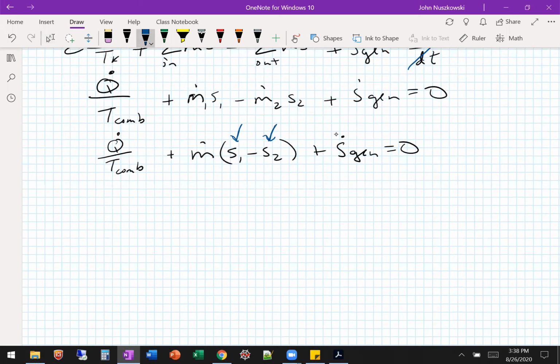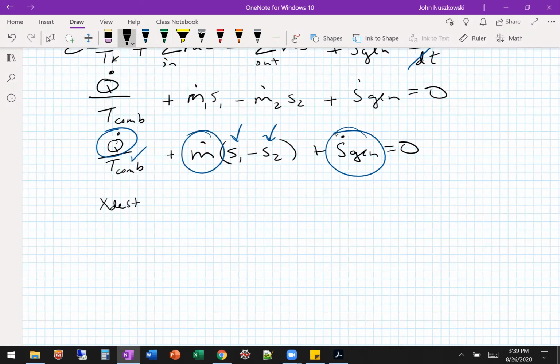We have T combustion. We need this. Those three are unknown. What are we looking for? X destroyed, right? Is it the rate of Exergy destruction, or is it just X destroyed? It's not the rate, right? So we're just looking for lowercase x destroyed, which is T naught lowercase s gen.